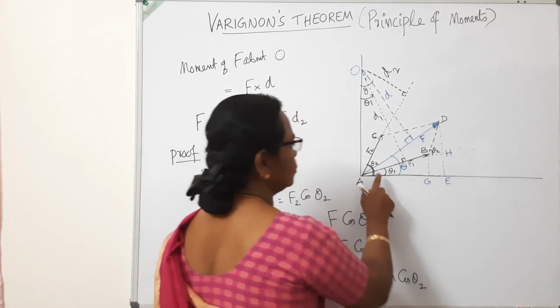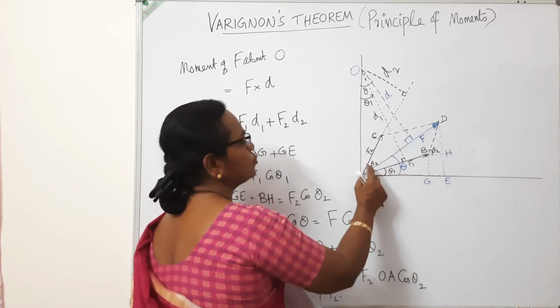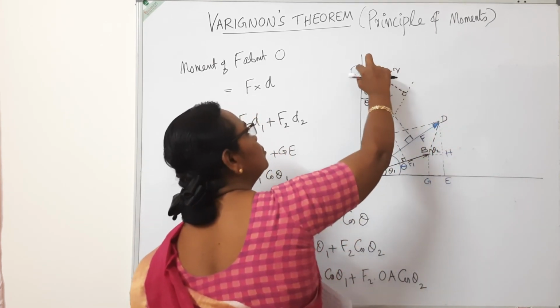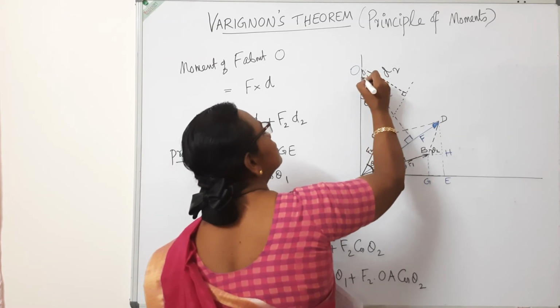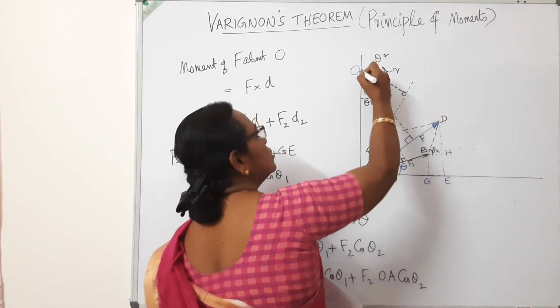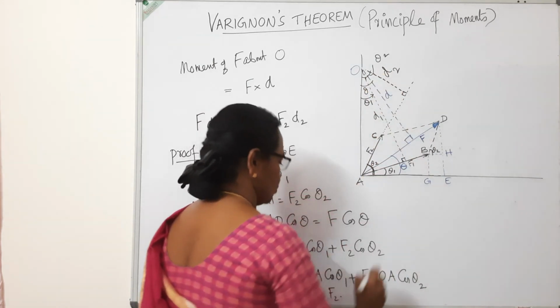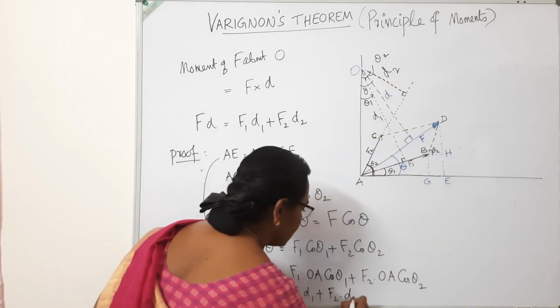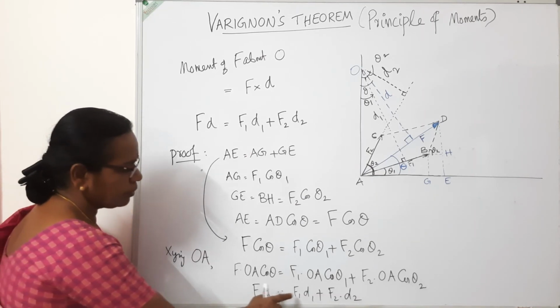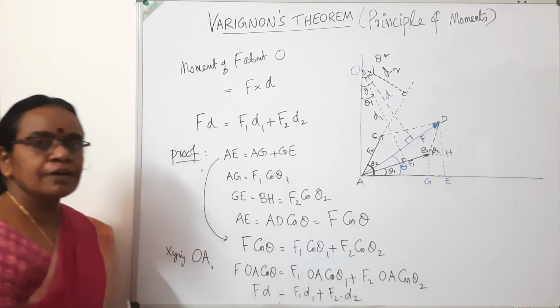OA cos theta 2: the angle between F2 and horizontal is theta 2, so the angle between the normal to F2 and vertical is also theta 2. So D2 is equal to OA cos theta 2. So we have proved F into D is equal to F1 D1 plus F2 D2.